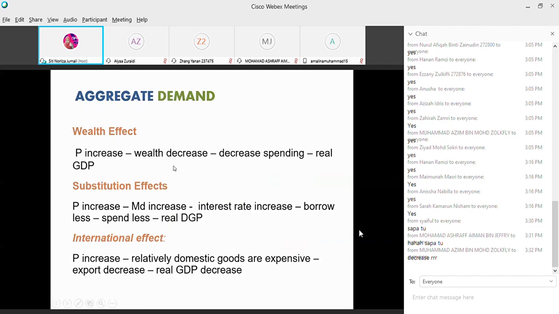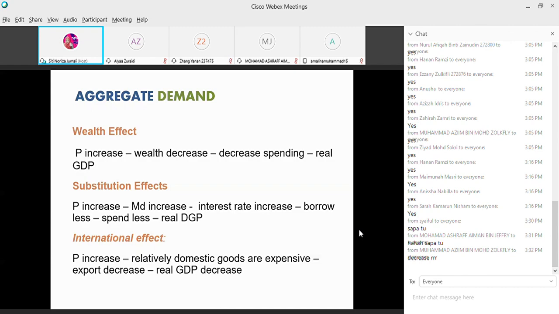So in the international effect, when the price level increases, we are referring to the price level of domestic products. Relatively, domestic products become expensive compared to imported products.